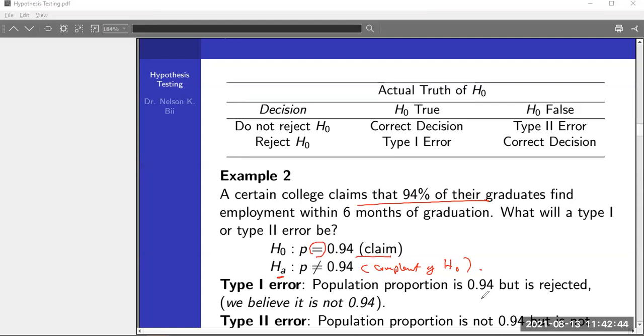So the population proportion is 0.94, but is rejected. Then you are making the type 1 error. So type 1 error is made when you reject the null hypothesis, when actually the null hypothesis is true, isn't it? So I think that's clear.